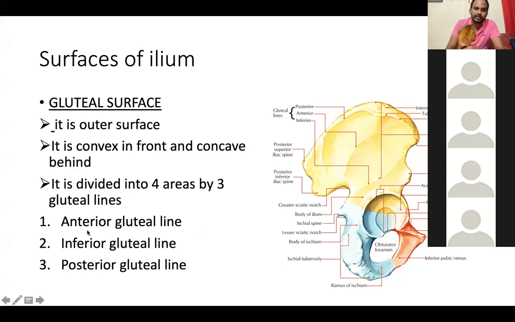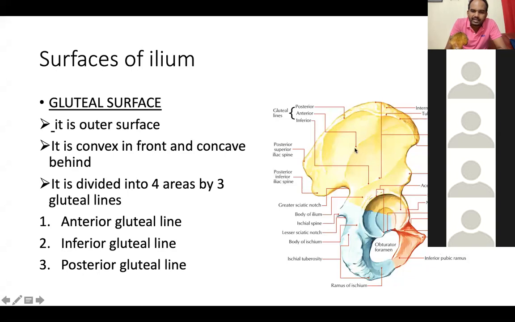Next, this is most important. Everybody please focus over here. It is divided into 4 areas by 3 lines. If you see here, can you see these lines? Yes, sir. So it has got 3 lines. This is the posterior gluteal line.